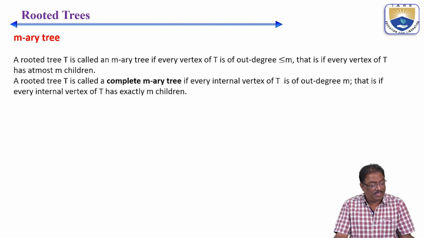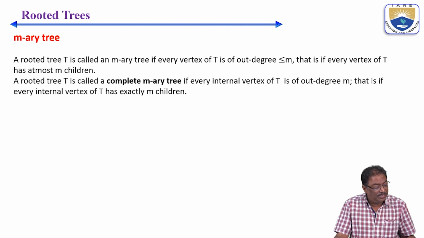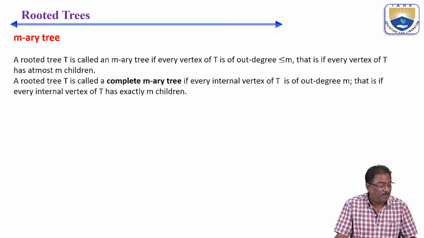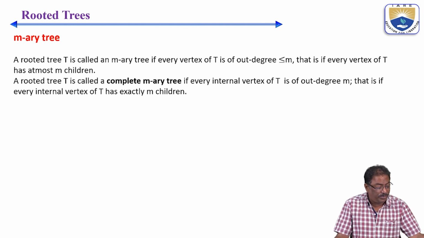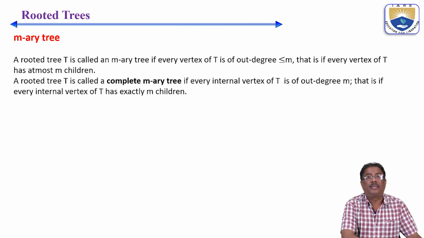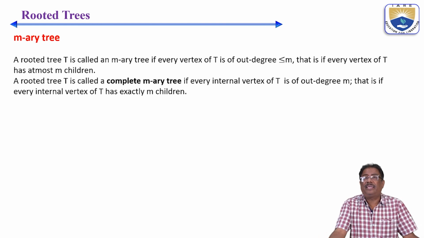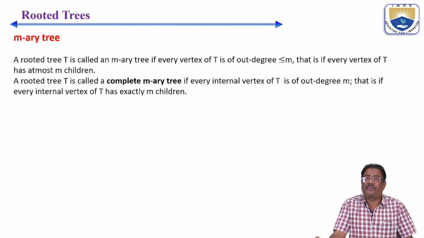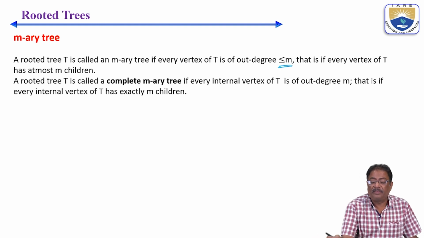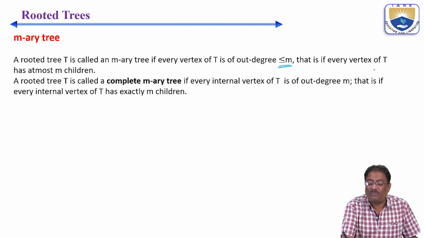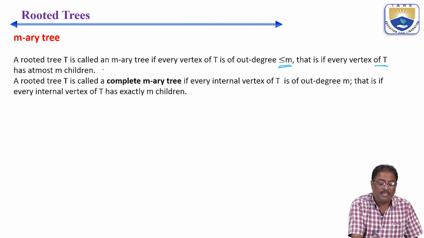Now, what is an M-ary tree? A rooted tree is called an M-ary tree if the out degree of every vertex of T is less than or equal to M, that is, every vertex of tree T has at most M children.